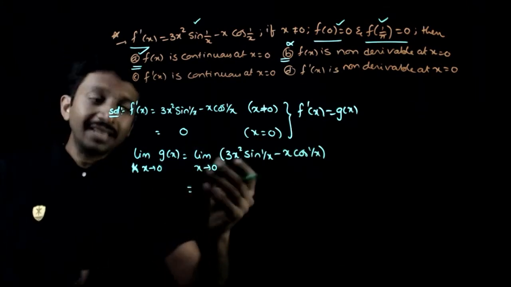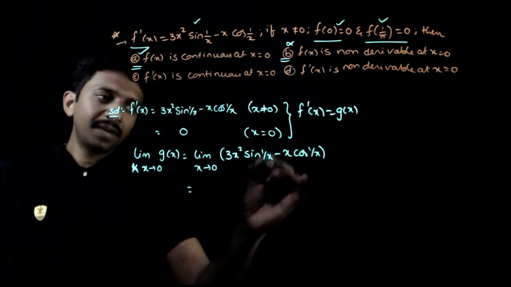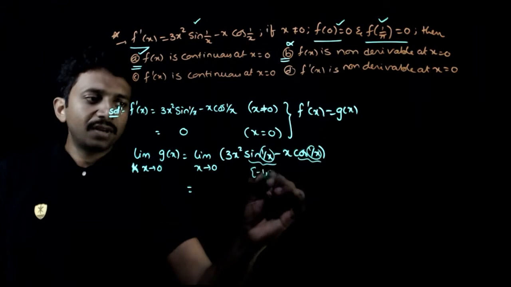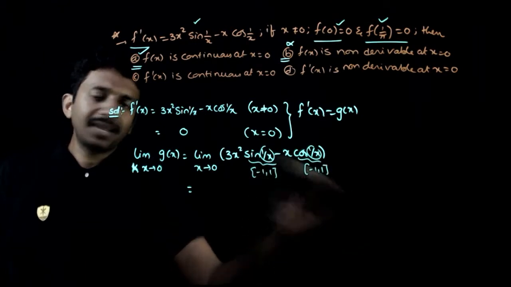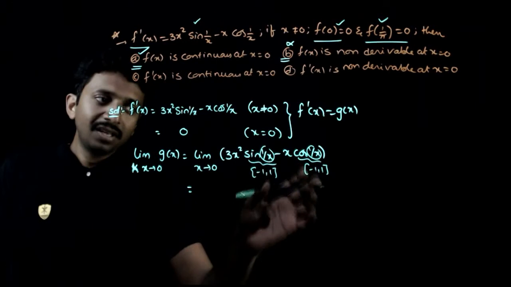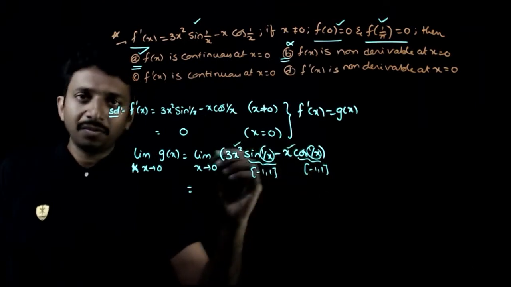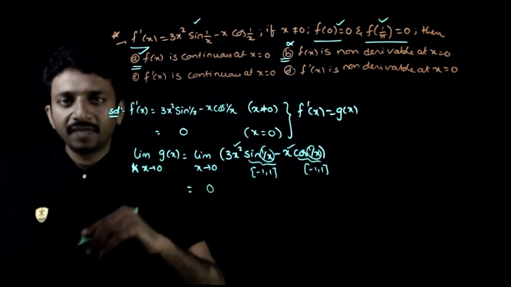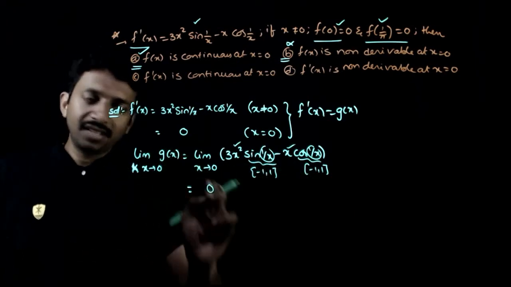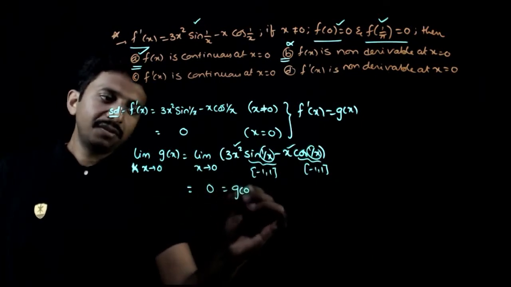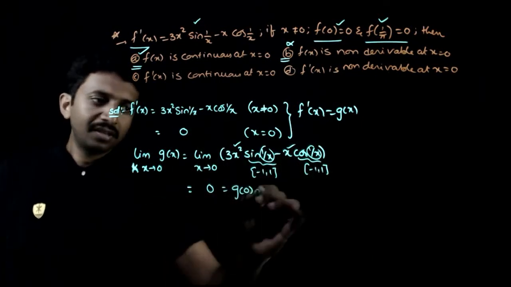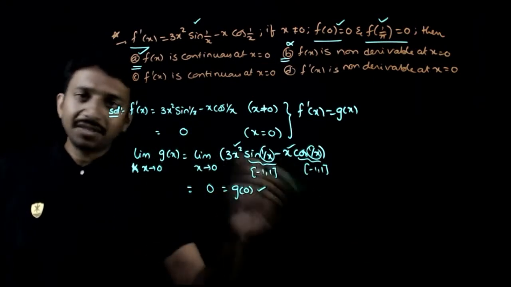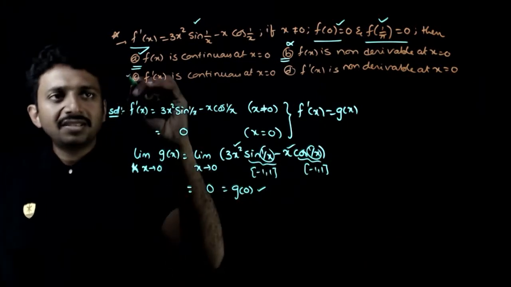Again the same logic: as x tends to 0, 1 by x tends to infinity. Both sin 1 by x and cos 1 by x are some finite numbers between minus 1 and plus 1. Multiplied by 0, you get 0 as the answer. So 0 minus 0 is 0. So the limit as x tends to 0 of g of x is equal to 0, which is the same as g of 0, and g of 0 is 0. So g of x is continuous at x is equal to 0. That means option C is right.